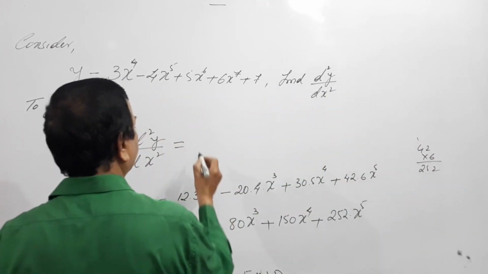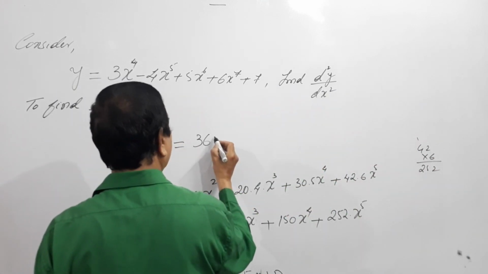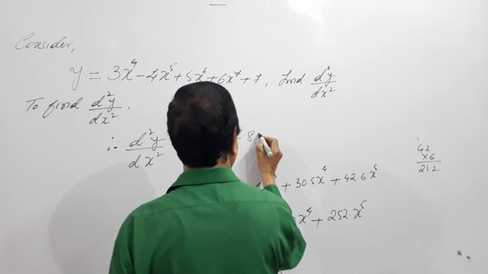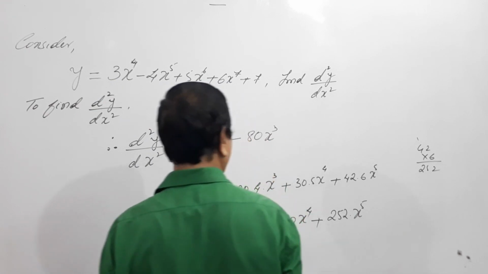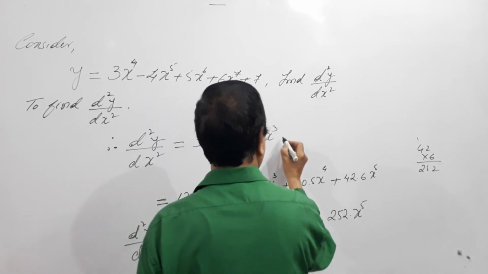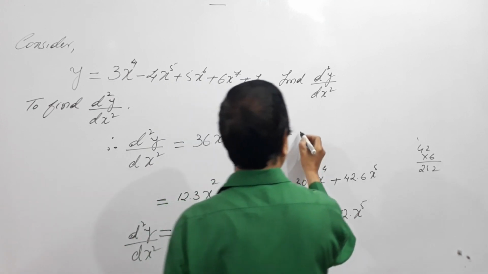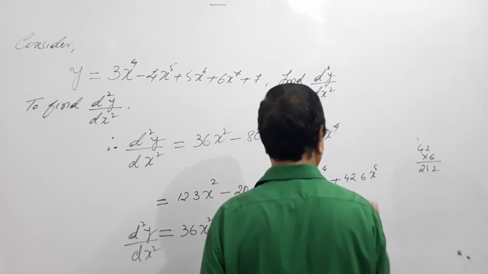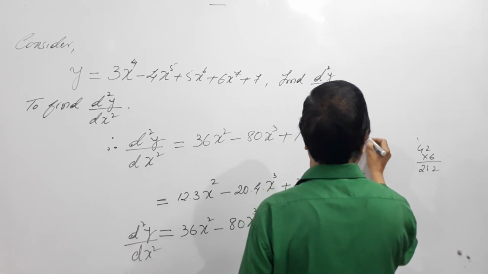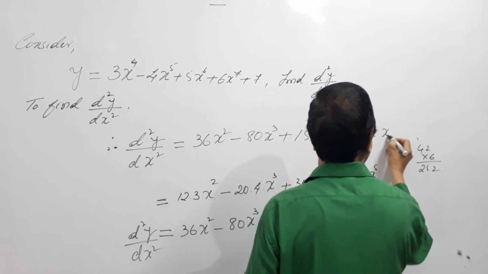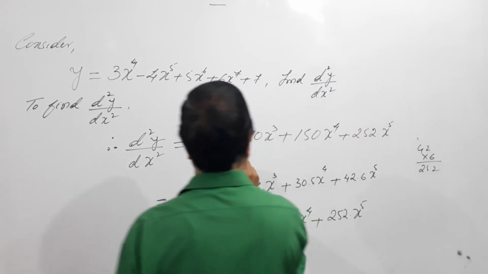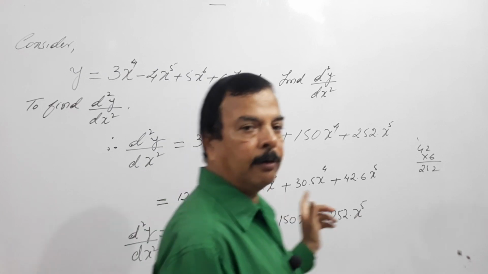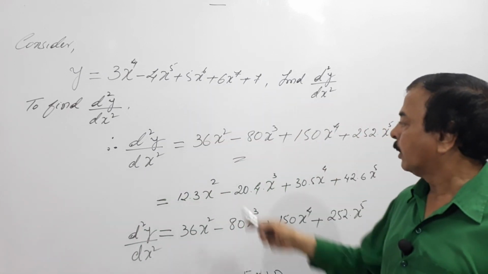So d square y by dx square is equal to 36 x square minus 80 x cube plus 150 x to the power of 4 plus 252 x to the power of 5. So we have found the second derivative of y with respect to x, and this is the answer.